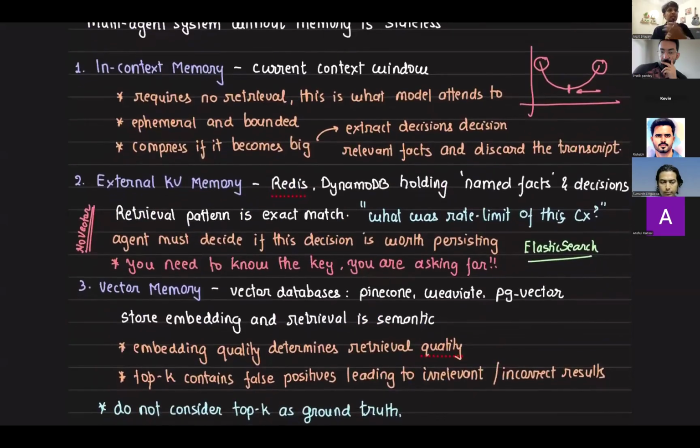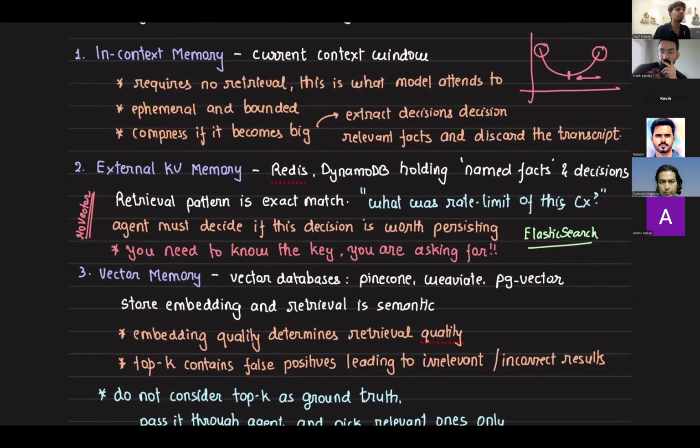Second is external key-value store as a memory. This is where you classically use your Redises of the world, your DynamoDBs of the world, to hold it. You can choose to hold your entire conversation as is, or you could extract facts and decisions and important aspects and store them externally.